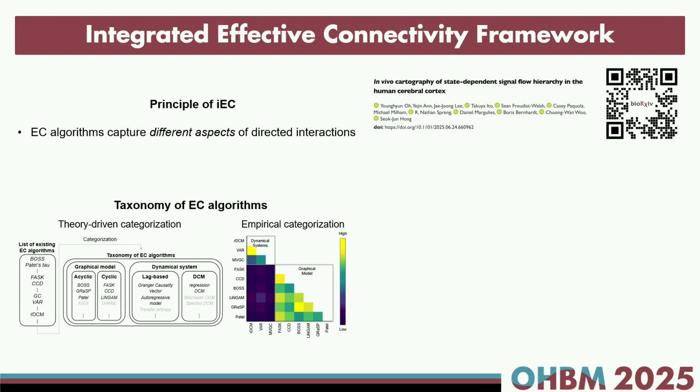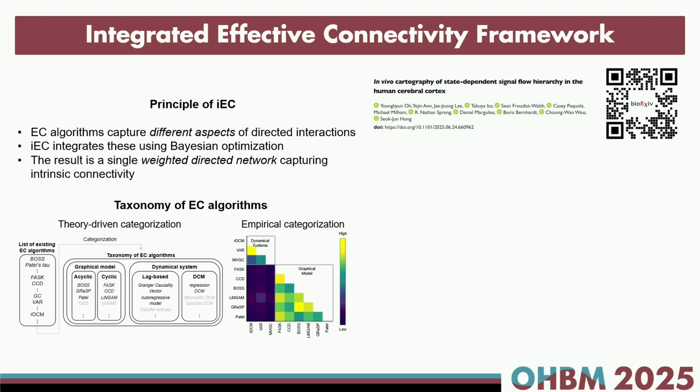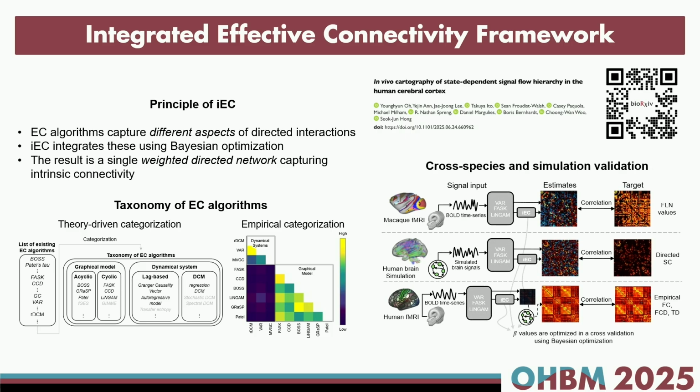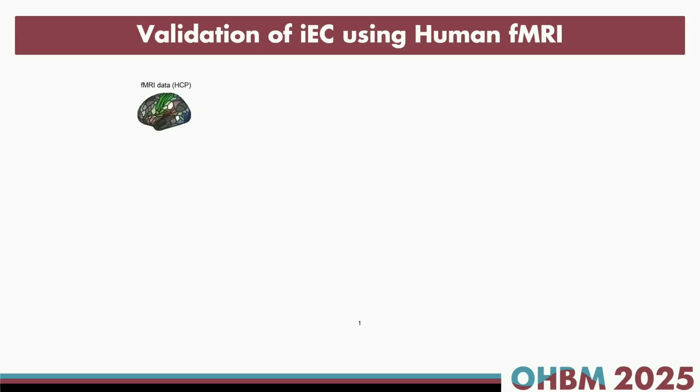Using resting state fMRI data, we empirically validated these categories. Then we devised a Bayesian optimization technique to integrate it to make a unified one, which we call IEC, which is a single weighted and directed network capturing intrinsic connectivity. In our preprint, we went through a rigorous validation using macaque fMRI, simulation, and human fMRI.